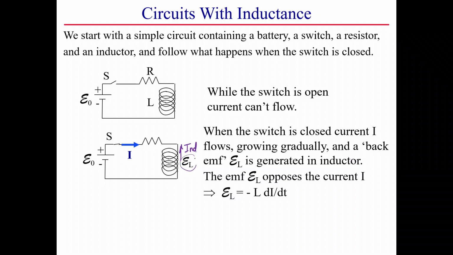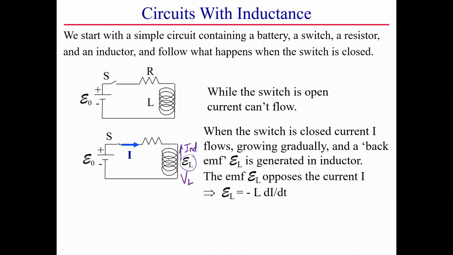So EL, or sometimes you'll see it as VL, is the EMF or voltage, because EMF and voltage are basically equivalent statements, that is produced. And that's going to equal our negative L di dt. Our di dt is going to be the slope of that current graph. Okay?